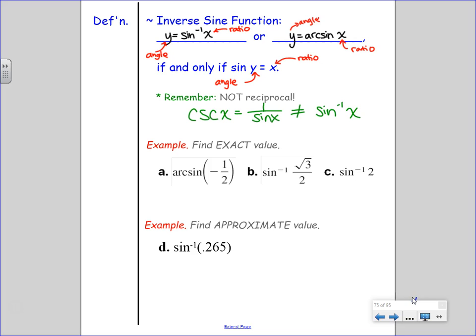Cosecant is 1 over sine. 1 over sine is not sine inverse, right? Which is why some of you guys have been making that mistake of using this button in your calculator to find it, and it's not true. Okay?